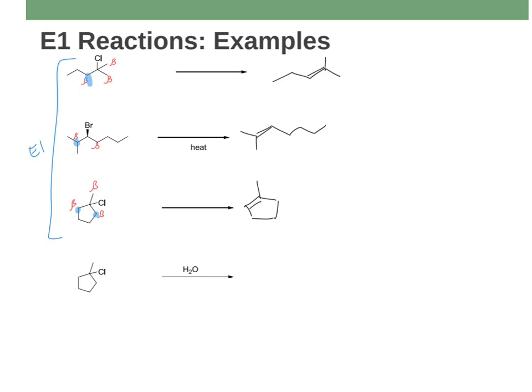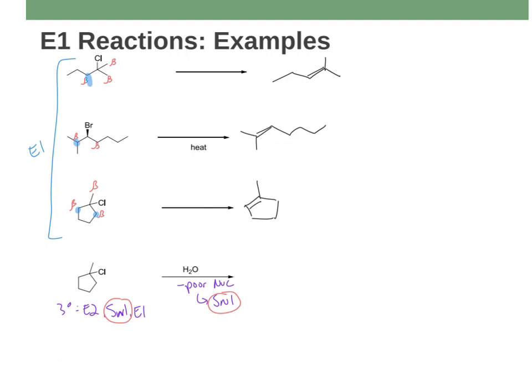Now, here is an example. I'm trying to give you a more realistic one, where we actually have water around. That's a poor nucleophile. And so you may be thinking, okay, I've got a tertiary alkyl halide, so it can do E2s, it can do SN1s, or it could do E1s. Those are the options. And now I have a poor nucleophile, so pretty much it can only do SN1, so therefore I must be doing an SN1.